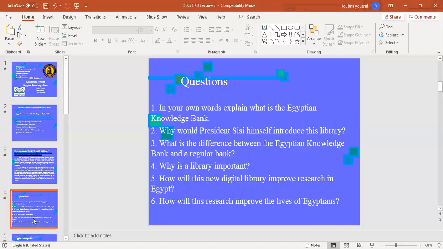And now we move to the slide with the questions. We have 6 questions. In your own words, explain what is the Egyptian Knowledge Bank. Now, why do I say in your own words? Because I want you to learn to express yourself in simple English in your own words without copying the words of someone else.